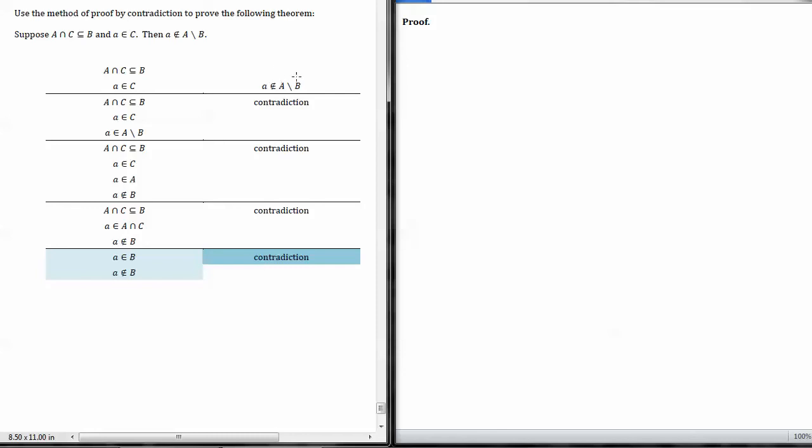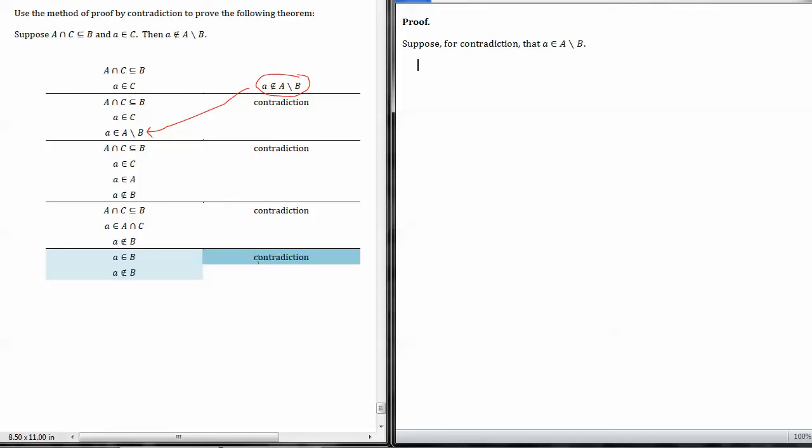Remember, the first thing we did was to take this goal and take its negation as a given. So we'll say, suppose for contradiction that A is in A minus B. Okay. And that's how we indicate to the reader that we're about to do a proof by contradiction, so that they don't wonder what we're talking about.